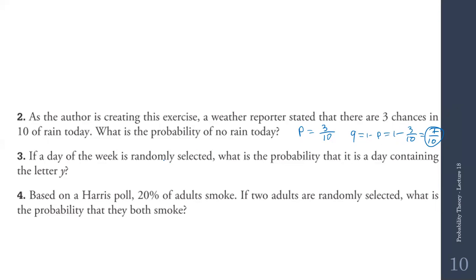If a day of the week is randomly selected, what is the probability that it is a day containing the letter Y? Let's write down the names of the days.